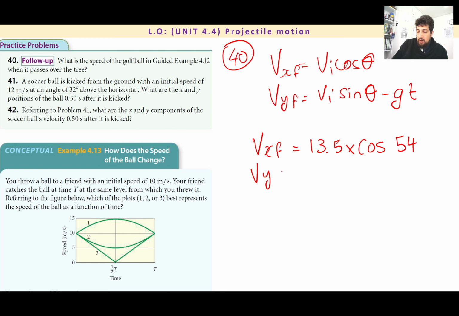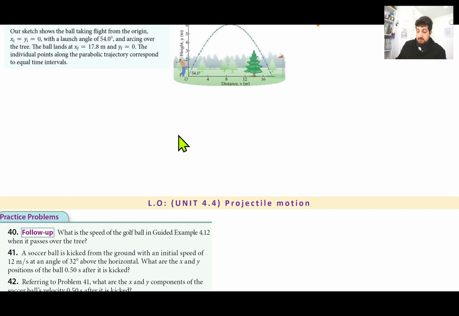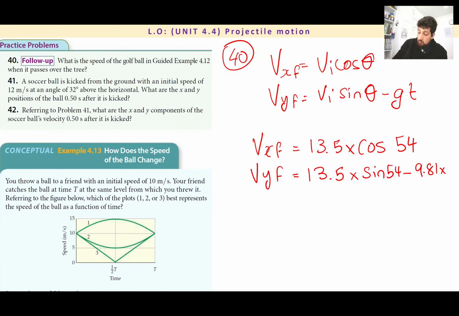And Vy final is 13.5 meters per second multiplied by sine 54 minus 9.81 multiplied by, what was the time at which the ball passed over the tree? It was 1.76 seconds. Multiplied by 1.76, running out of space over here.